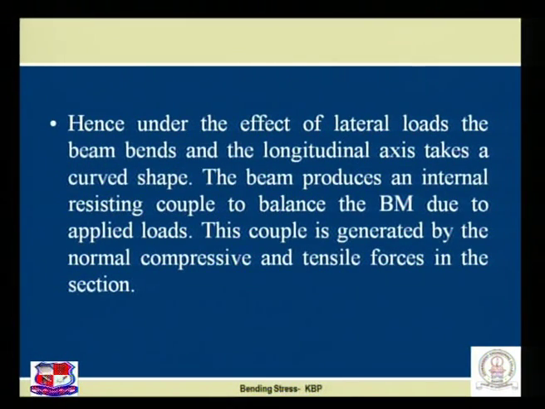Hence, under the effect of lateral loads, the beam bends and the longitudinal axis takes a curved shape. The beam produces an internal resisting couple to balance the bending moment due to applied loads. This couple is generated by the normal compressive and tensile forces in the section.